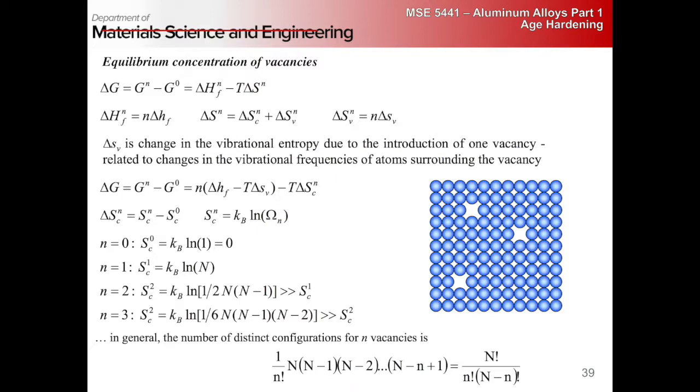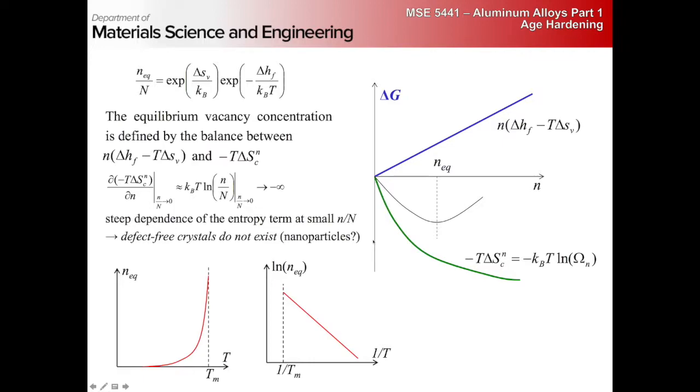Here I go through it and include a vibrational entropy term, which is the change in vibrational entropy in the atoms that are next to the vacancy sites. And our vacancy concentration increases exponentially as we approach the melting temperature.